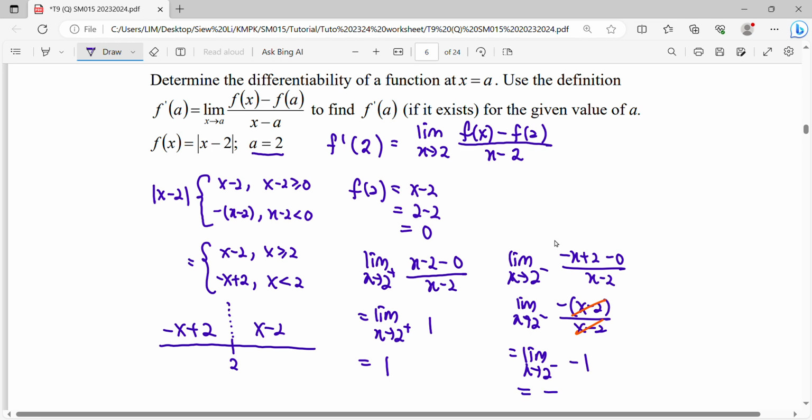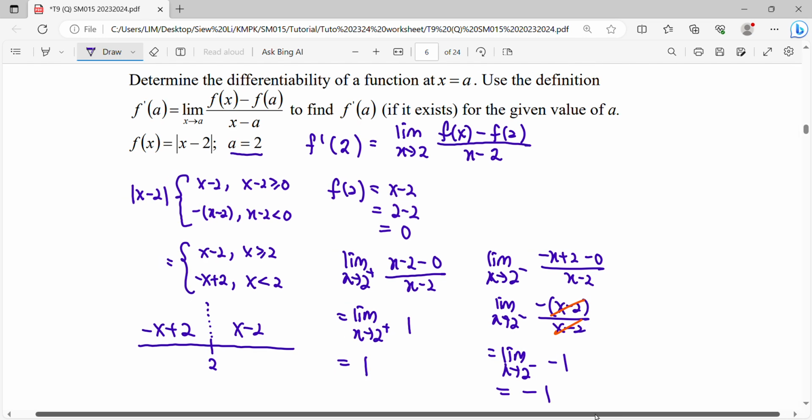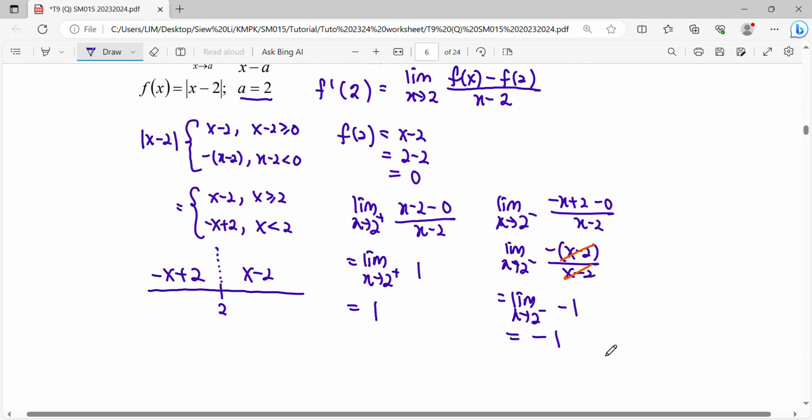The answer is negative 1. So does this limit exist? When the left-hand side and right-hand side are not the same, the limit does not exist.